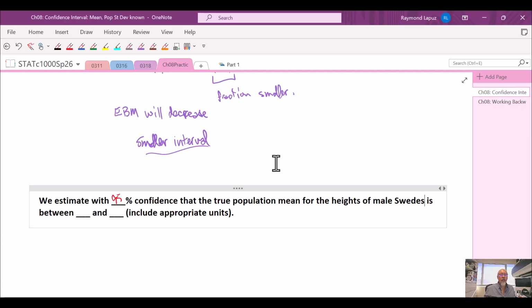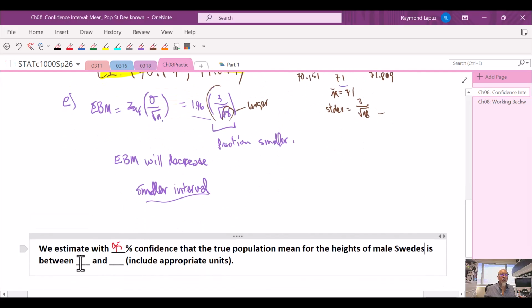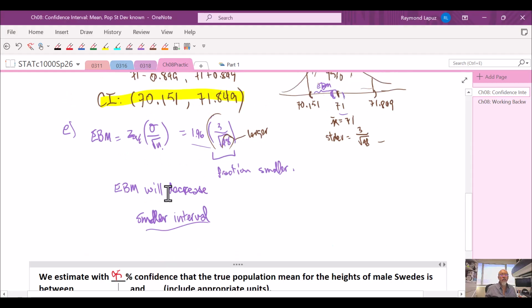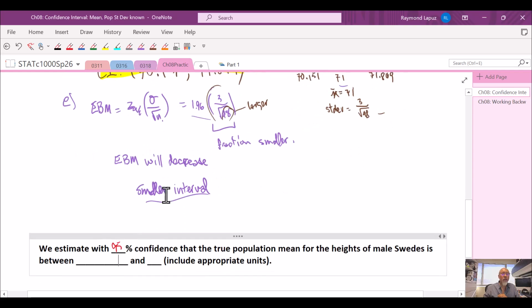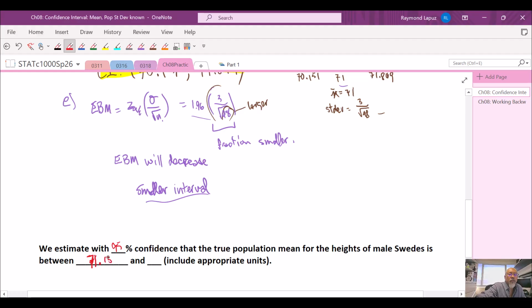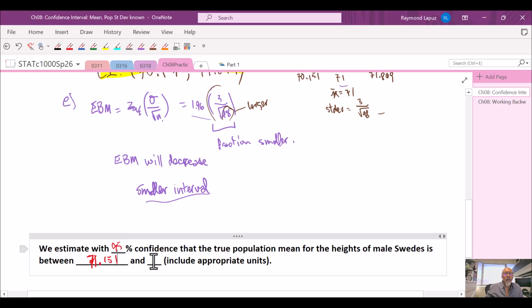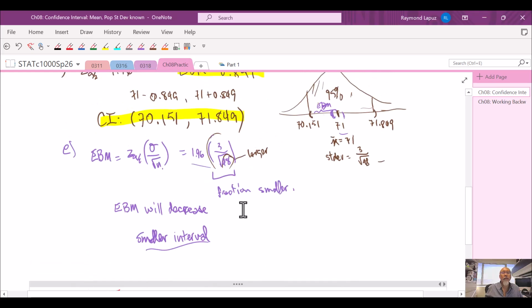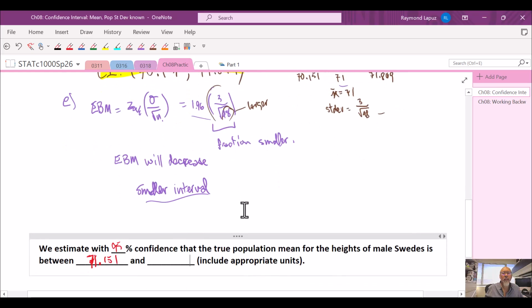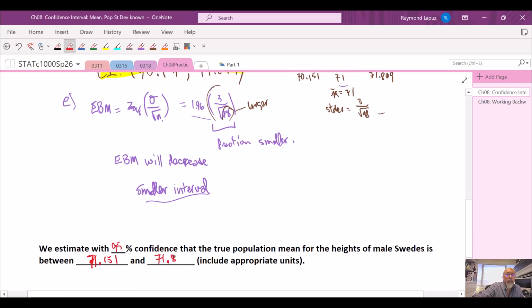is between, and now we get to put in the numbers that we were looking at. So what are those numbers? The first number is 70.151. And the other one is going to be 71.849.